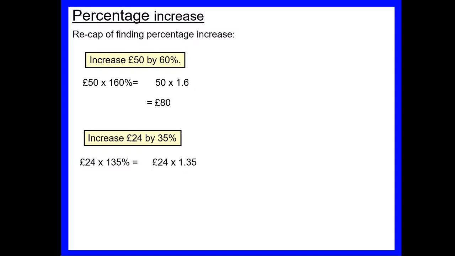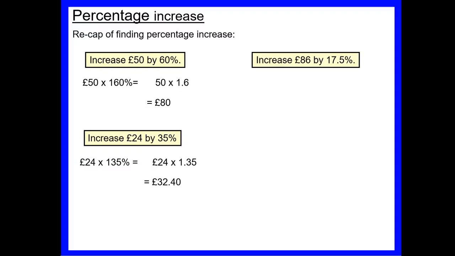So 24 times 1.35 gives us £32.40. Now do note in your calculator it will simply say 32.4, but because we're dealing with money we should have it to at least 2 decimal places, pounds and pence for money. So just make sure you add in that extra 0 at the end.